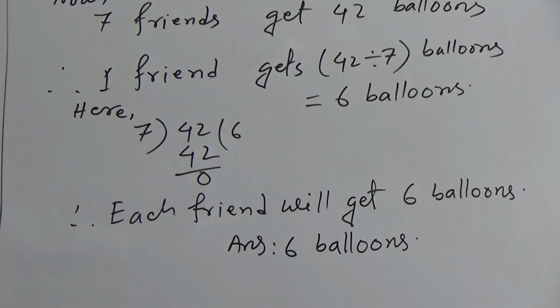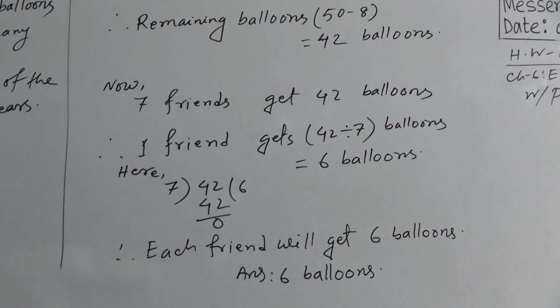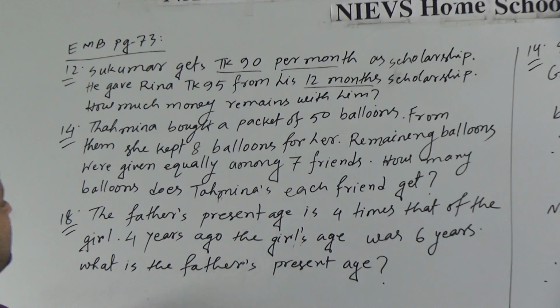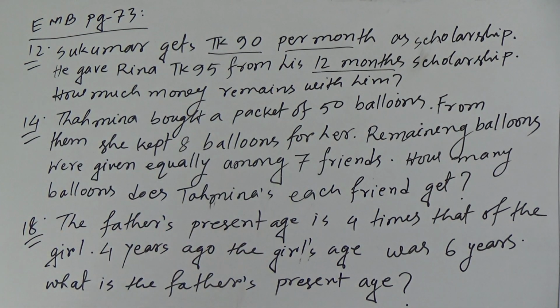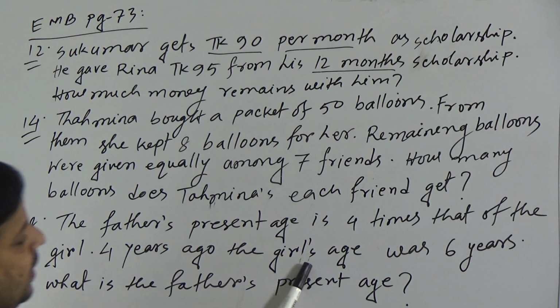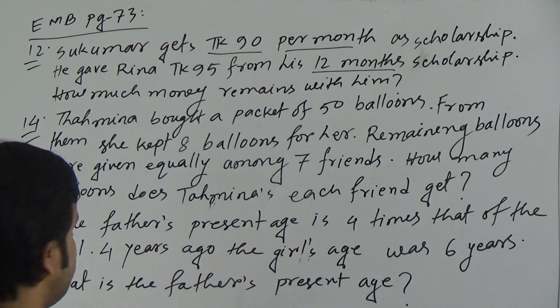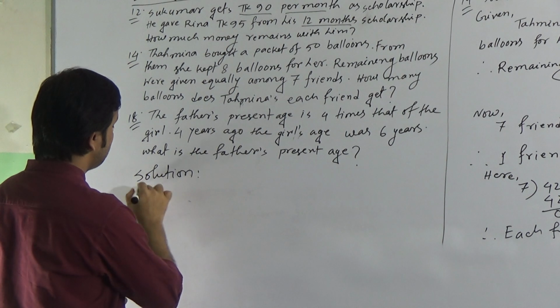Now I will solve question 18. What is question 18? The father's present age is 4 times that of the girl. 4 years ago, the girl's age was 6 years. What is the father's present age? Dear students, here is the solution of question 18.